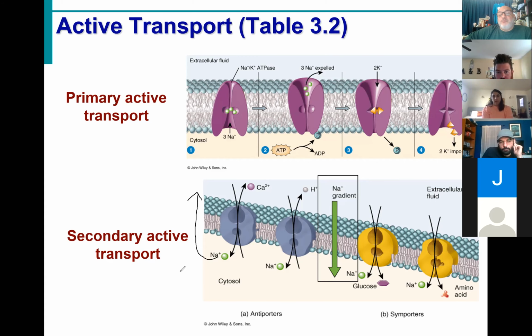All of these are transmembrane integral proteins because they have to go through both layers or they won't be. And the same thing's true for your carriers and for your channels. If they don't go through both layers of the phospholipid bilayer, they won't be able to let things in or out. So notice all of these things, yes, absolutely. Not just integral, but transmembrane proteins. Got to go through both layers. Excellent, great question. Any others?